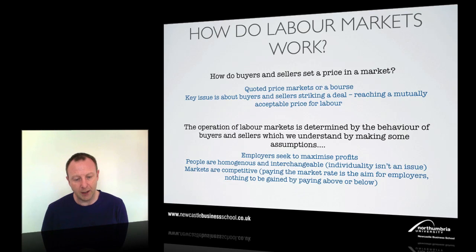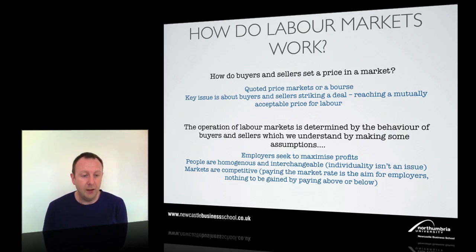We also assume that there's not a great deal of variability in the quality of labour. So we're looking at a market for a certain type of labour, and of course in the real world we have good employees, good potential employees, mediocre potential employees, and poor employees. But we can't introduce those kind of individual aspects in our understanding of the operation of whole markets, because we're dealing with masses of people.